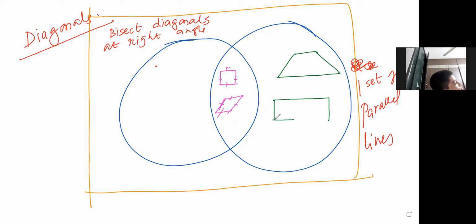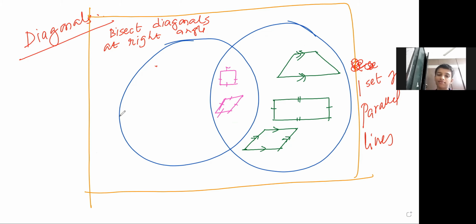What else? And trapezoid. Correct. And what else? Where will kite go? Ah, kite. Yeah, forgot that. Kite does not have any parallel side, so kite will go outside.